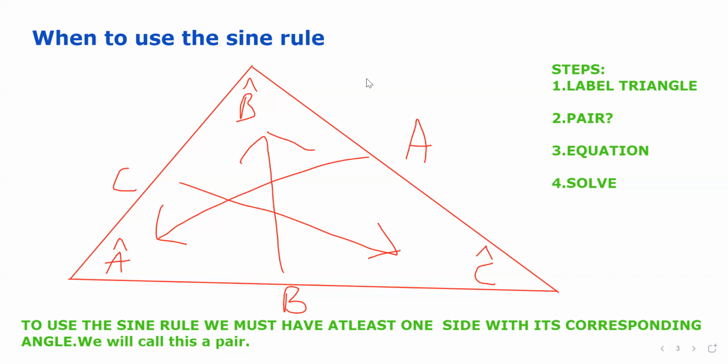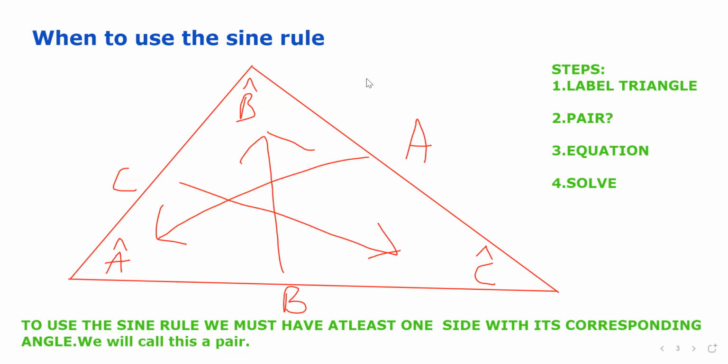Alright, so some steps you need to remember. This is not only for the sine rule, this is for trig as a whole. Label the triangle. Always label the triangle when you're doing trig ratios with triangles and stuff, right? And then in this case, since we're dealing with irregular triangles, we need to look for a pair. Because if we have at least one pair, we can use the sine rule. Well, if we don't, obviously by default, we could use the cosine rule. Alright, hint, hint.